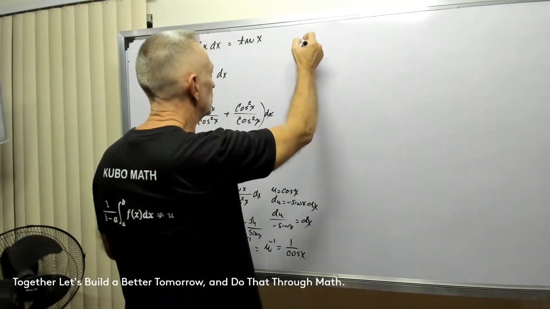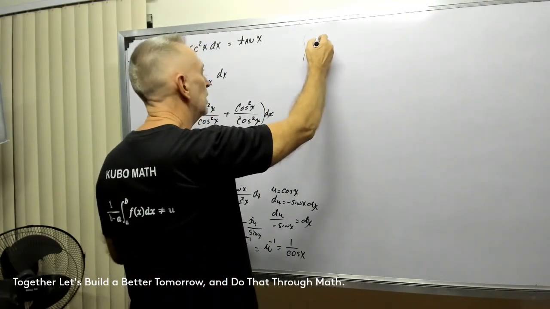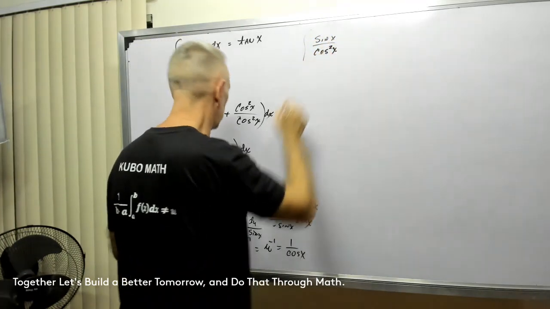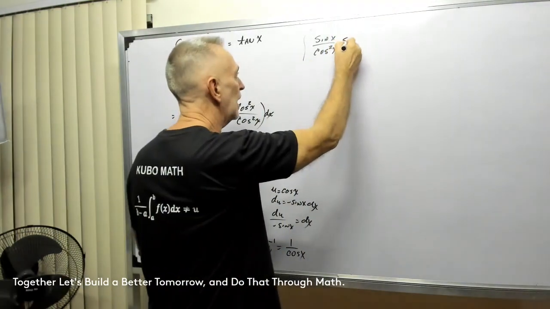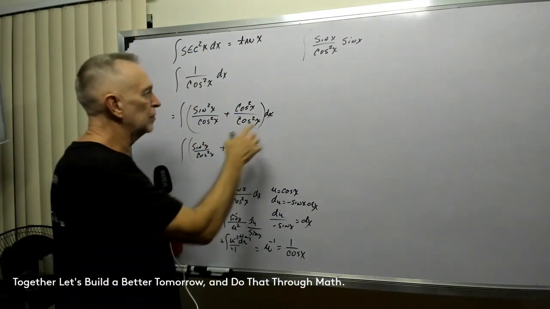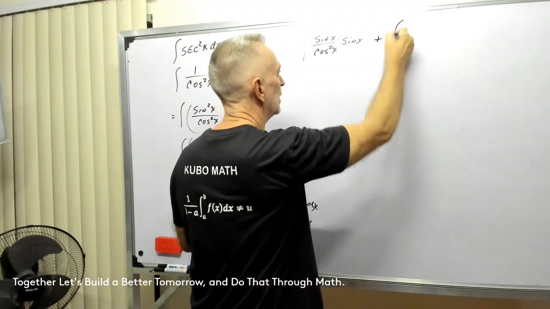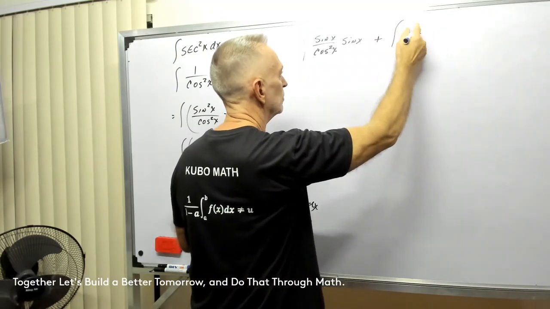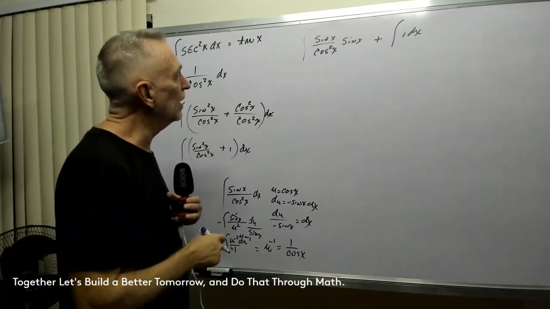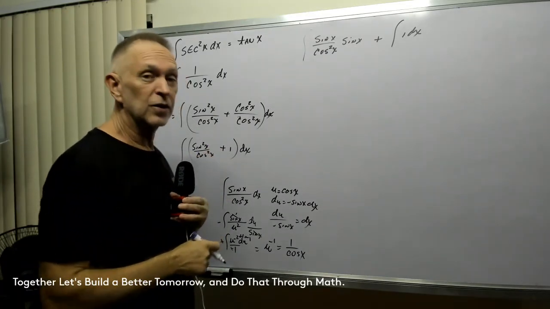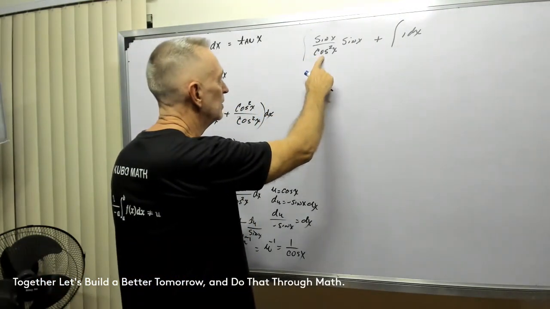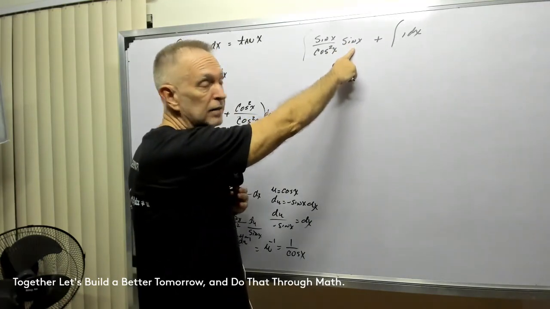Okay, so let's move up here. We had the integral then of sine x over cosine squared x times sine x plus 1. I'm going to separate these two integrals out, plus the integral of 1 dx, or just dx. Now, what about integration by parts? Because we know we can integrate this, and I know I can differentiate that.